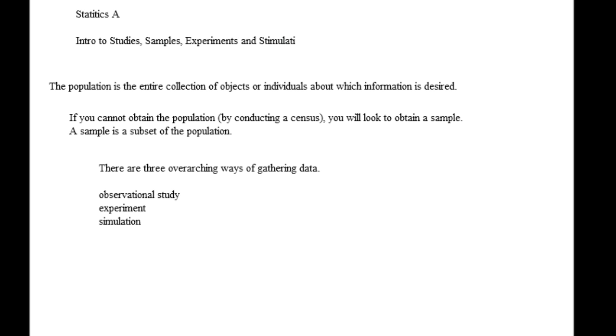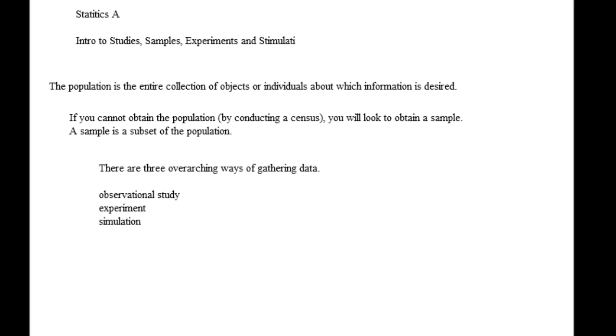In an experiment, you deliberately administer a treatment in order to observe the response to that treatment, and you do manipulate the variables. Simulation is very rare, and it's only run when probabilities are known as a fact. It is done using technology in order to facilitate a large number of repetitions.